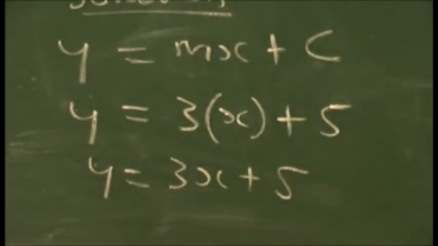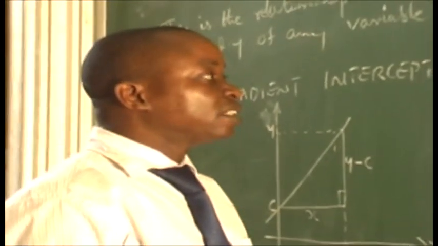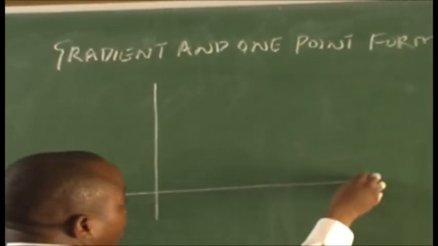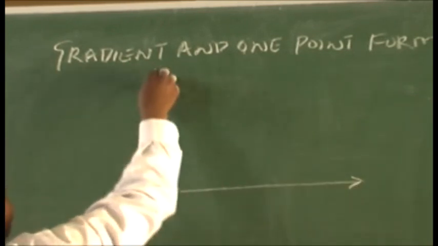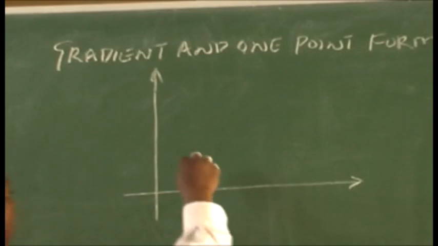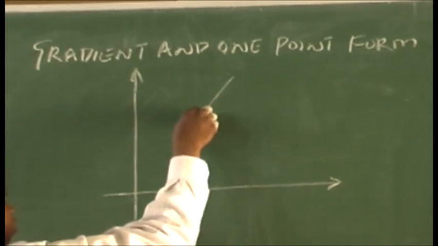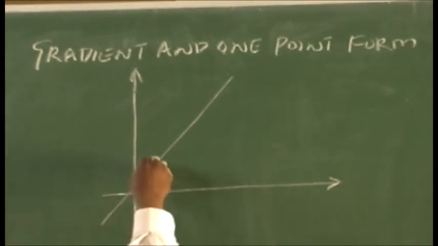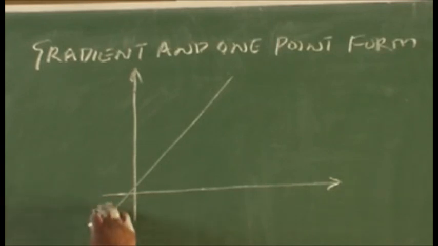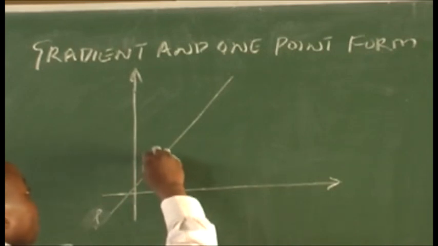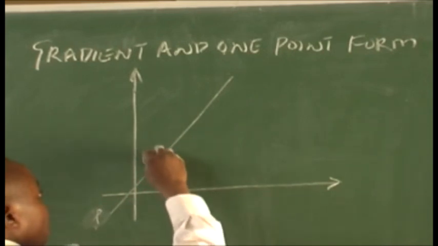So we'll also look at another form because we have different forms of equation of a line. And this time we are going to take gradient and 1 point form. Now consider this where we have a line. Let me take a point, I have point Q here.